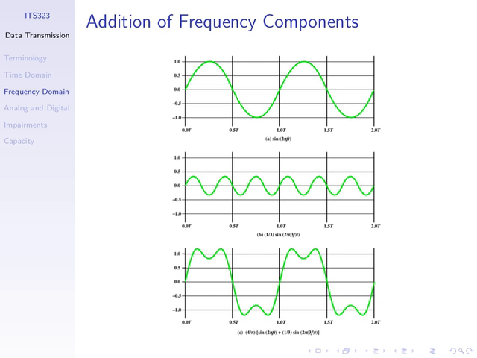It doesn't give us a value of f. In our equation on the previous slide, we said f was 100. This plot doesn't show the value of f equal to 100. But the frequency of the resulting signal is the same as this component signal, and the period of this is the same as the period of this.